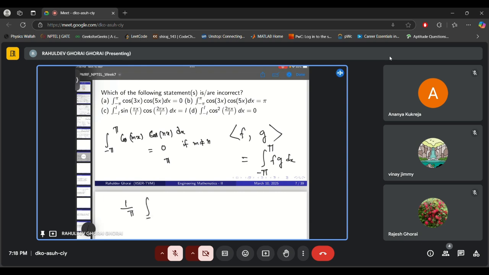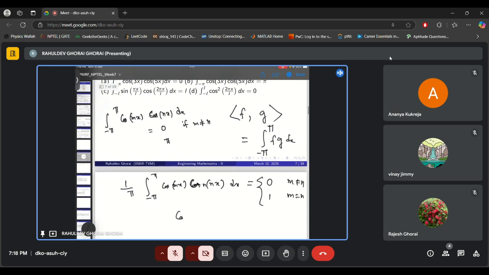So 1 over pi times the integral from minus pi to pi of cos mx cos nx dx equals 0 if m is not equal to n, and 1 if m equals n.